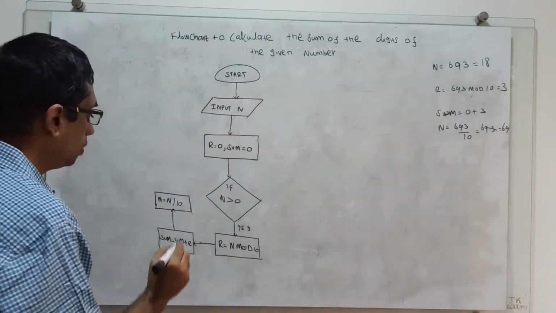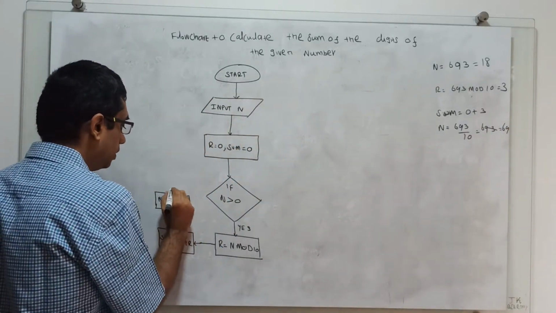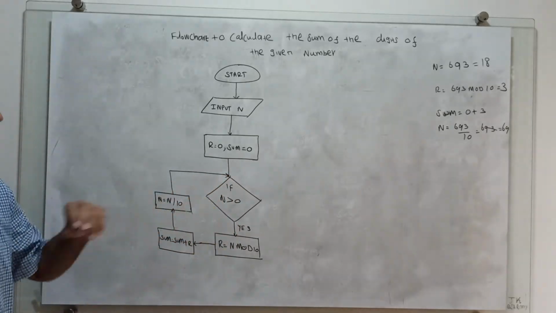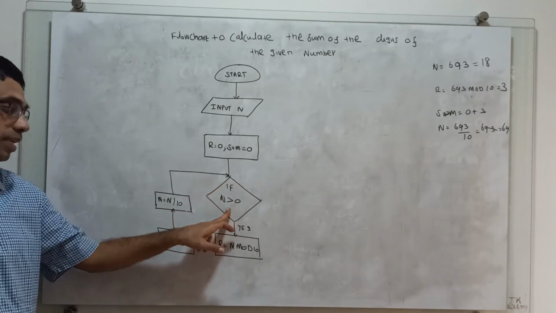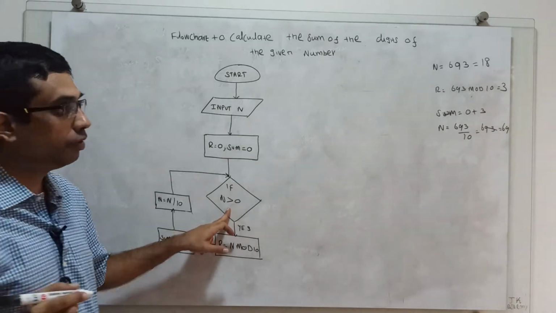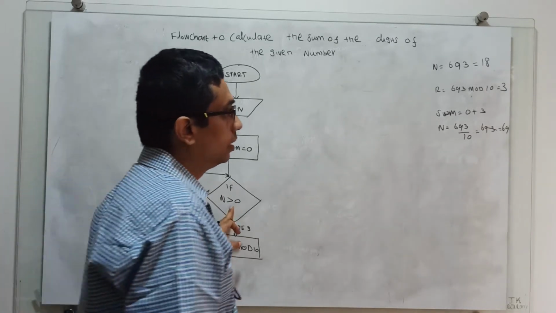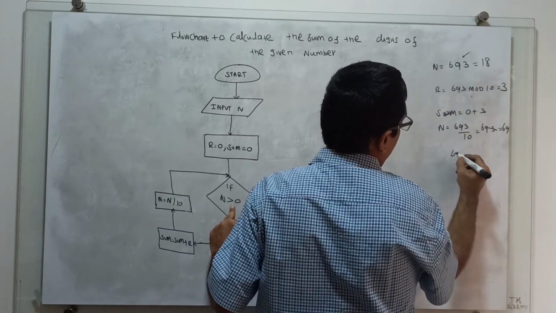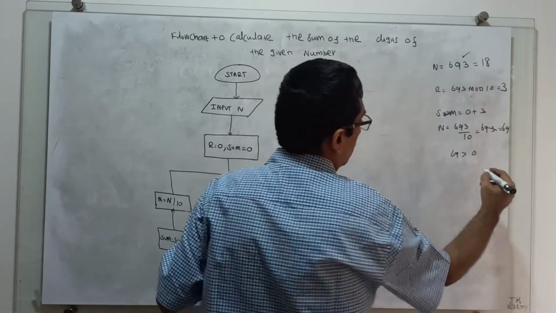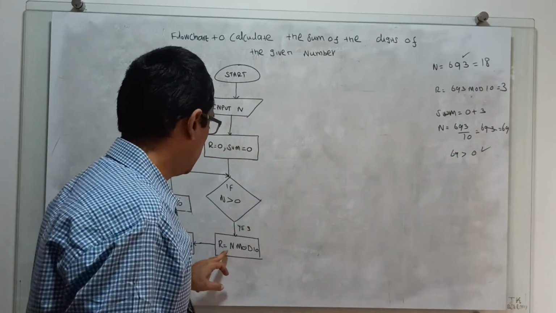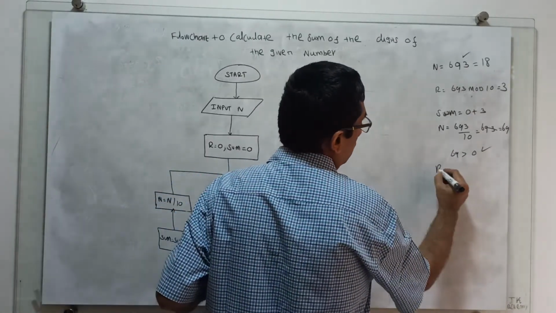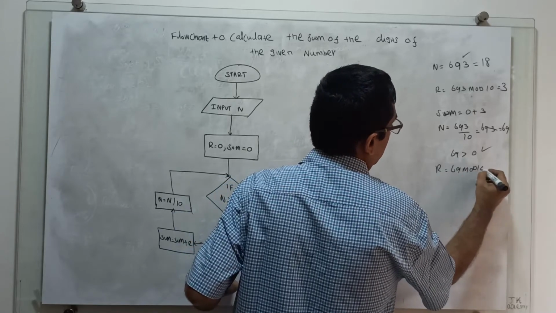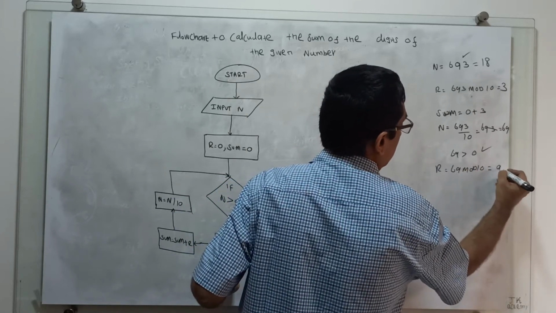Okay, so now again I am attaching this back to the condition checking, the diamond statement. Now n value is 69, again check: initially 693 is greater than 0, then 69 greater than 0, yes, condition is true, then r equal to n mod 10, so r equals 69 mod 10, which returns the remainder 9.